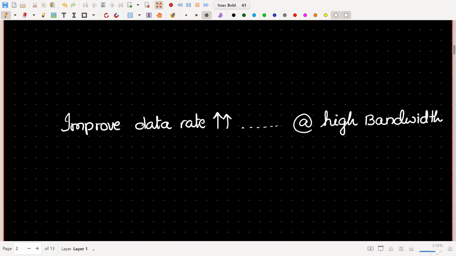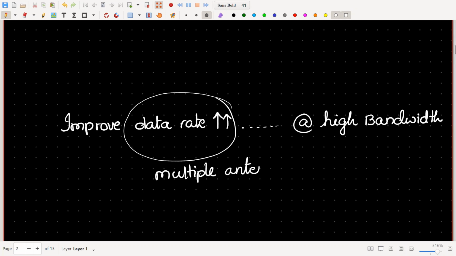Now, can I achieve high data rates at fixed bandwidth? To a certain extent, yes, it is possible, and that's what spatial multiplexing is about. You're fixing the bandwidth but improving the data rate, and this is because of multiple antennas. When we take multiple antennas, you have a chance of multiplexing the space, and then you're transmitting different symbols individually without any kind of interference.